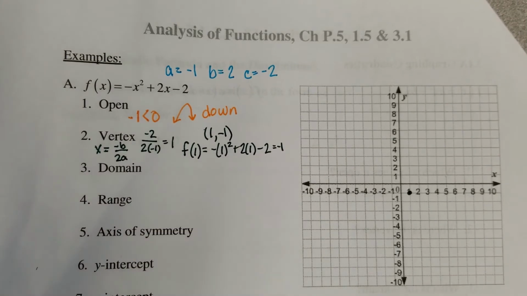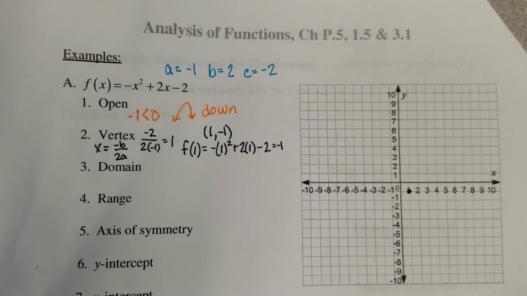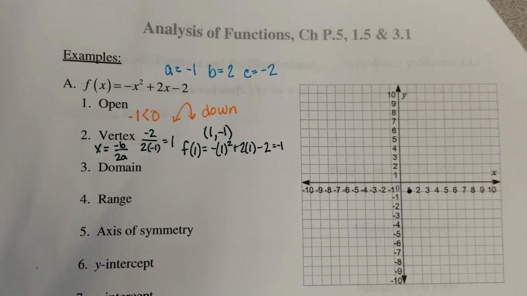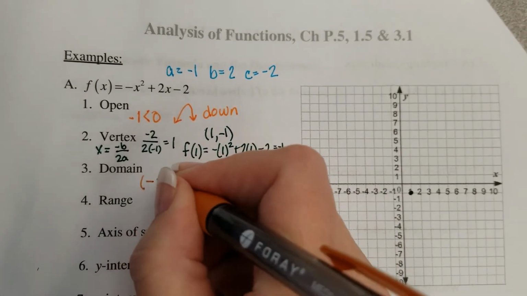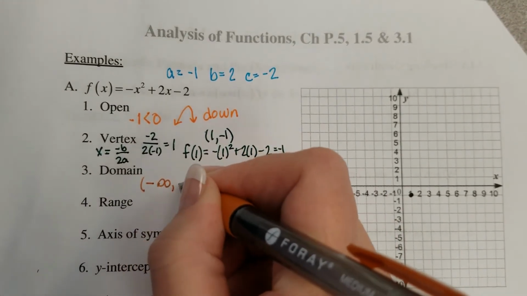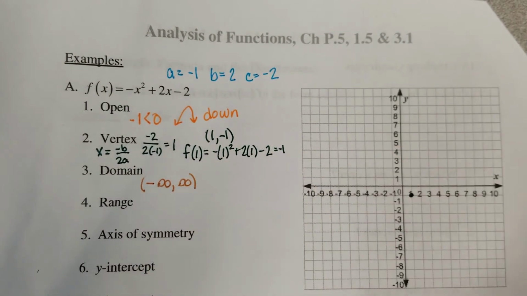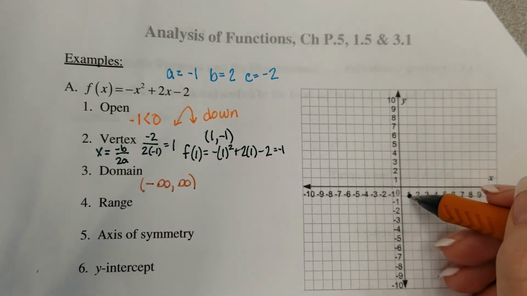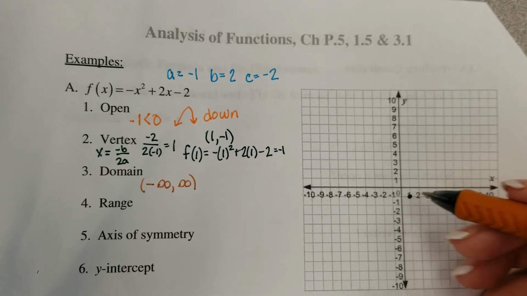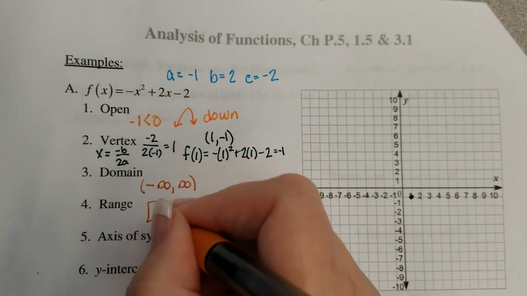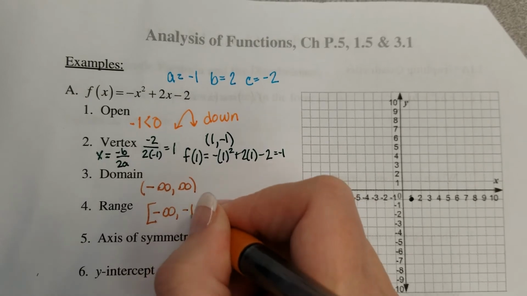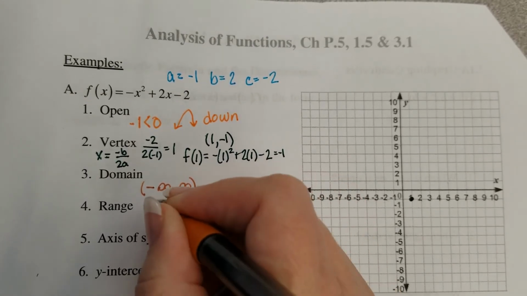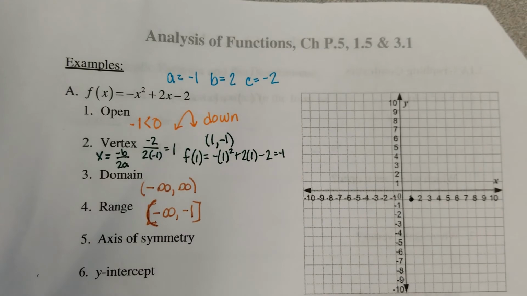Our domain is going to be all real numbers. Our quadratics are always all real numbers. And I know that my range is going to, since this is going down, the top of my range is going to be -1. So it's going to be negative infinity to -1. This should be a parenthesis, sorry about that.